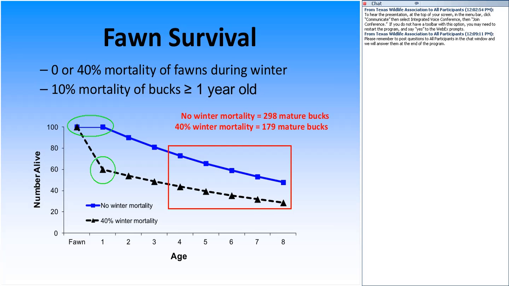If you take 40% of those off the top as they go from fawns to yearlings, and then let them have the same survival rate as that blue line, we're down to under 200 mature bucks, 179 mature bucks that are 4 to 8 years old. So losing this 40% or in some instances 50% of these fawns from October until the next year when they become yearlings can have an influence on the number of mature bucks on your property.